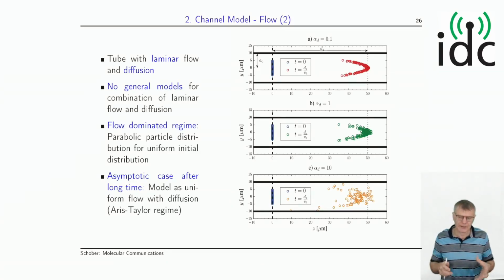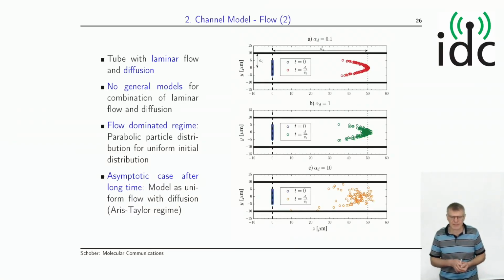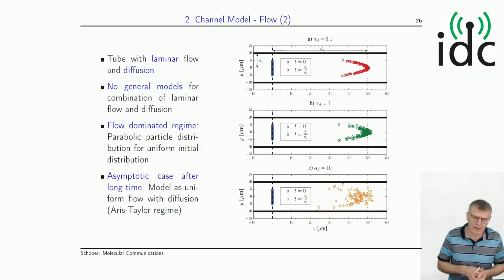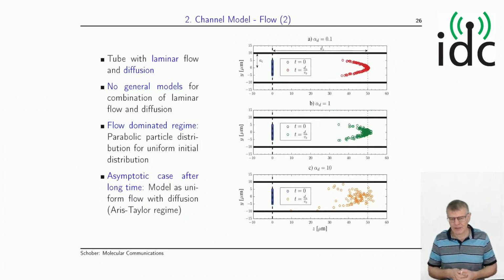Now for the general case of this interplay, there is no neat analytical model, right? It does not exist. Only for the flow-dominated regime there is a model, which just uses this parabolic shape. And in the asymptotic case, so if the system can develop for a long time, then sort of an equilibrium between flow and diffusion happens. And this can be described by the so-called Aris-Taylor regime.